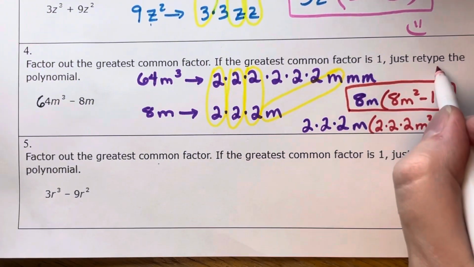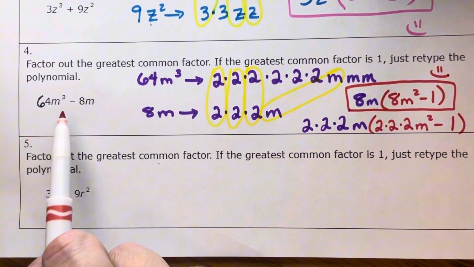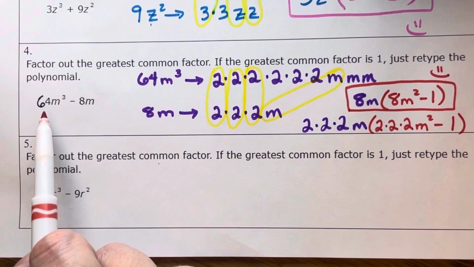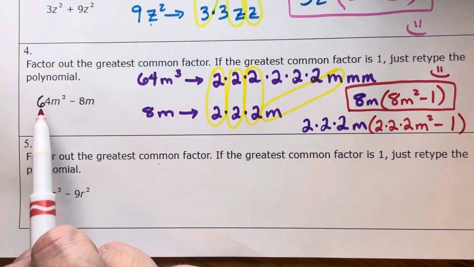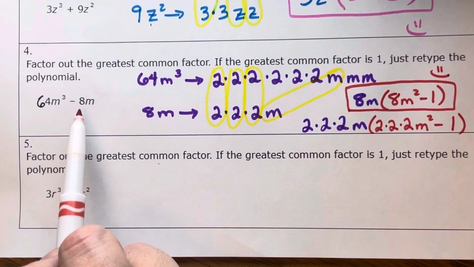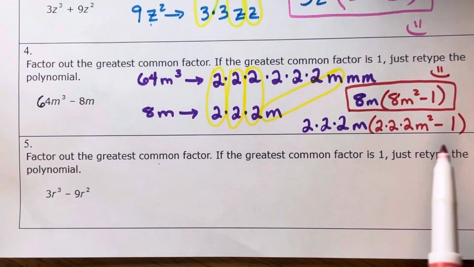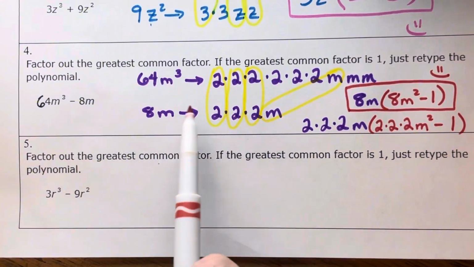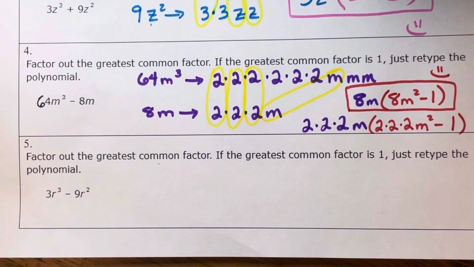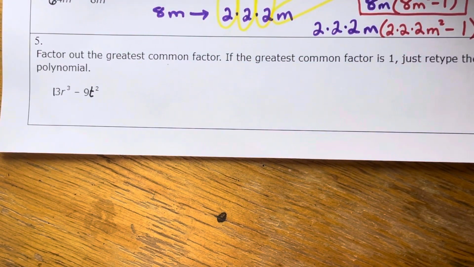This is our final answer, having adjusted our original problem so that we had 64m cubed minus 8m, and we are able to show lots of bundles and an entire term was used in the greatest common factor. There you go.